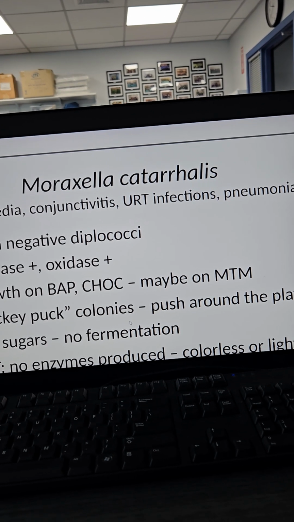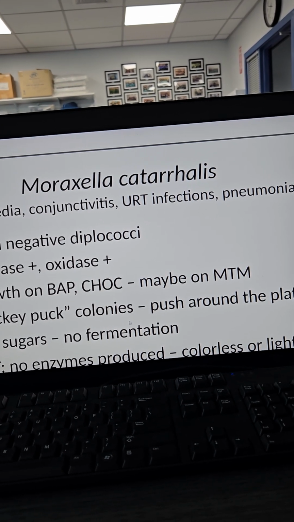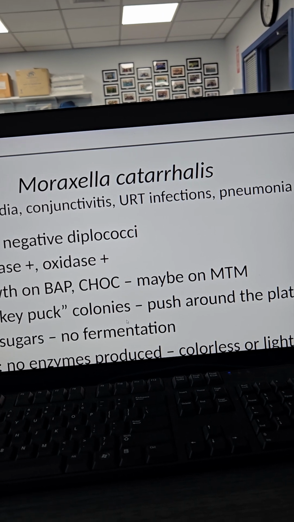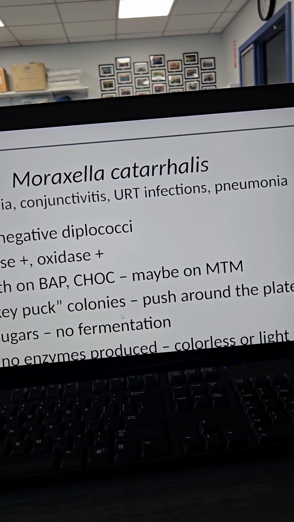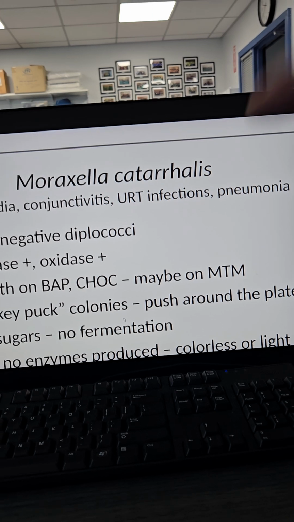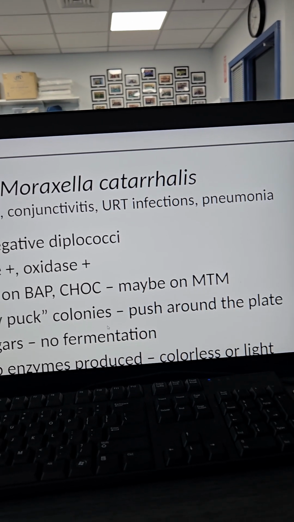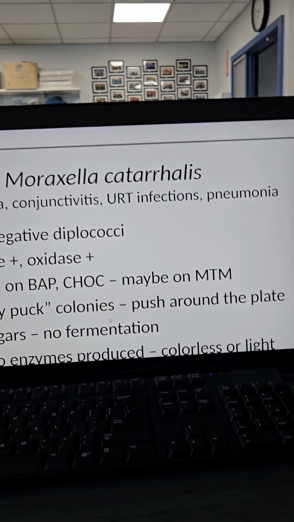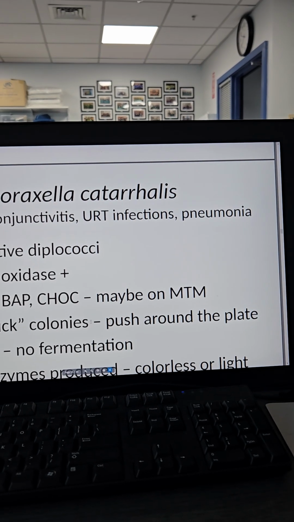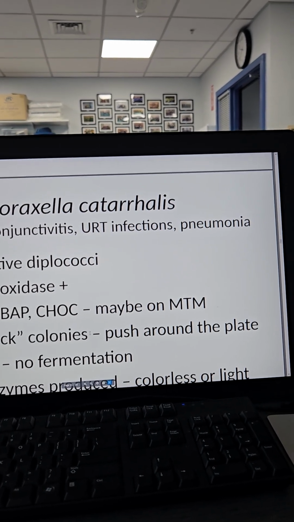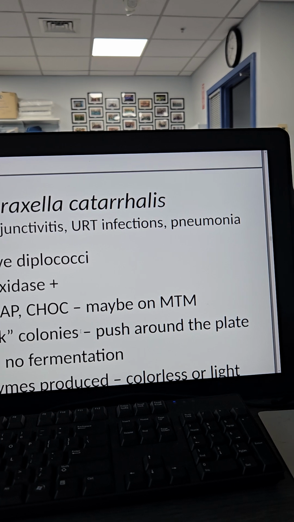You can take a loop and push the colonies around on the plate. They call them hockey puck colonies, because you can push them around. I will show you guys that so that you understand.